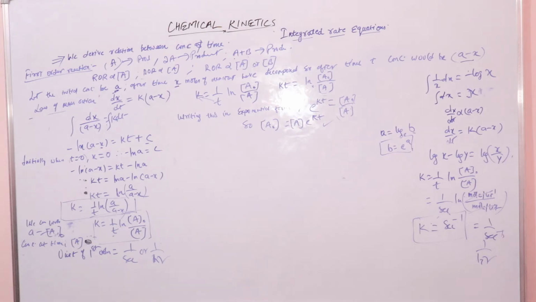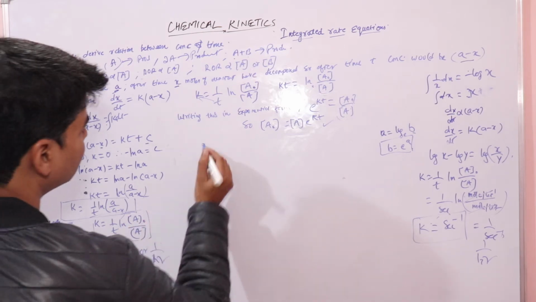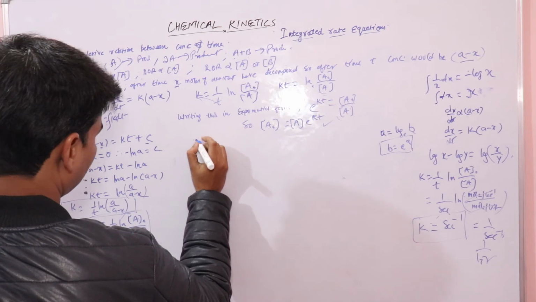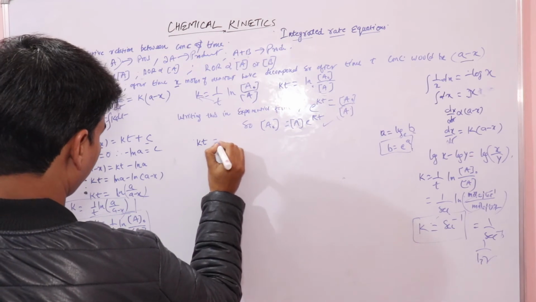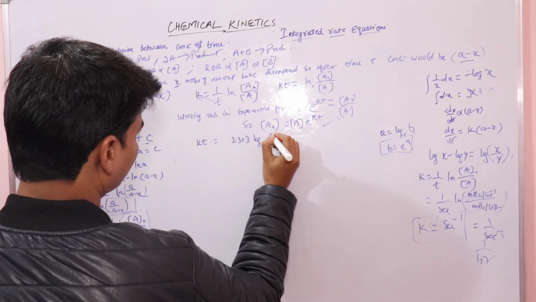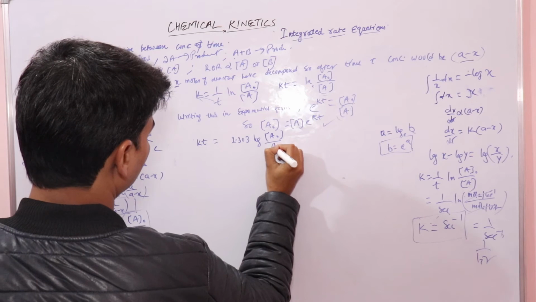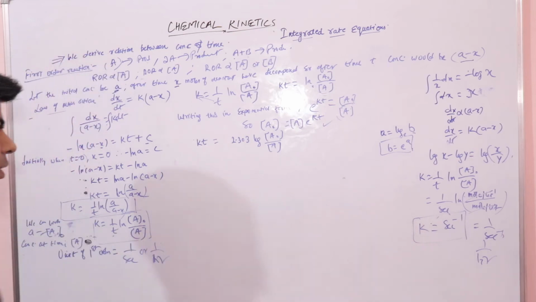Now we'll just look at the graph again. If you look at this equation again, kt is equal to ln of A0 upon A, if I change this natural logarithm to log and then I put 2.303 here like this, right?